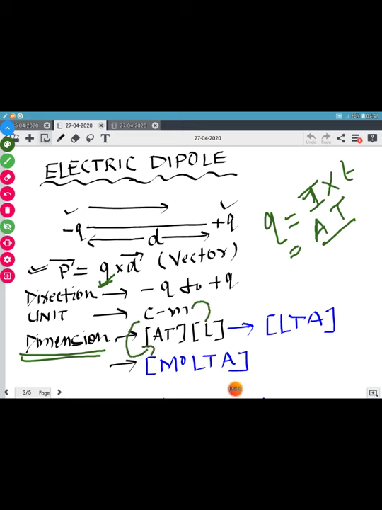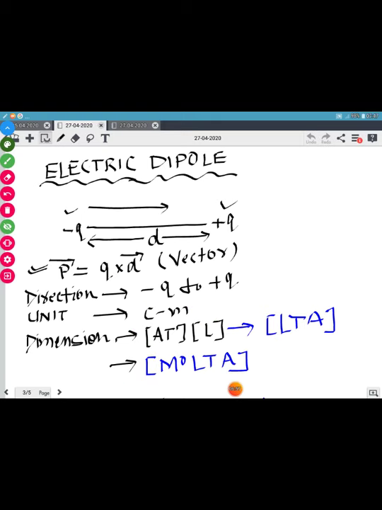Length is L, the dimensional formula for distance or displacement, so it becomes LTA, or in expanded form M to the power 0 LTA, because there is no mass. So the dimensional formula is this one.